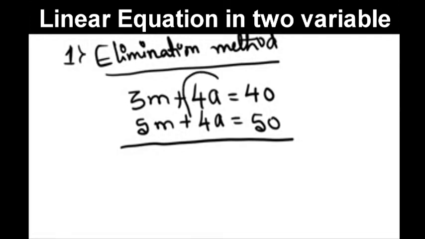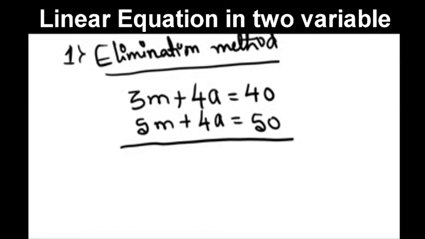If by chance you don't get the same coefficients, at that time we follow some techniques. So let's find. First look at the equations carefully and figure out which variable has the same coefficients.